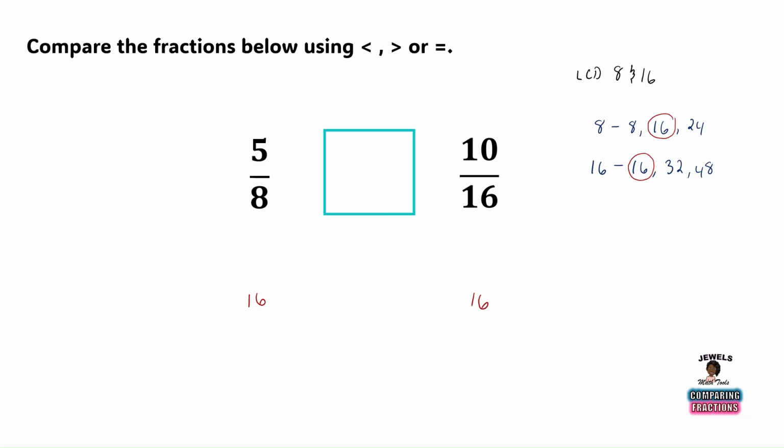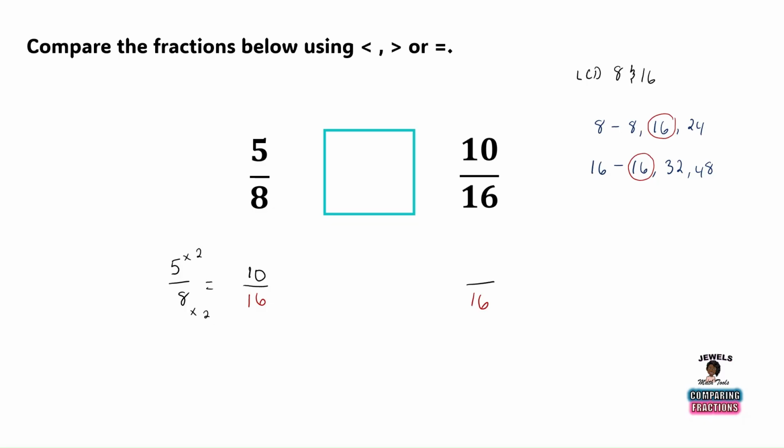So now that we have our denominator, let's now begin converting our fractions to their equivalent form. So for 8, we have 8 times 2, which equals 16. And for 5, we have 5 times 2, which equals 10.